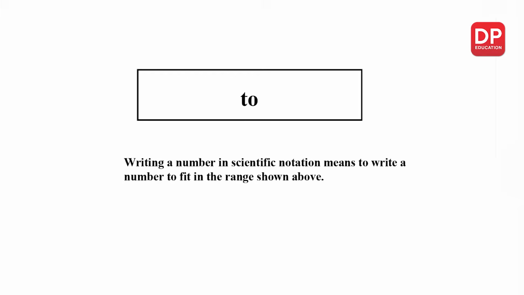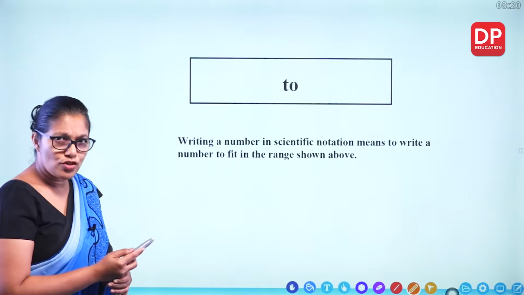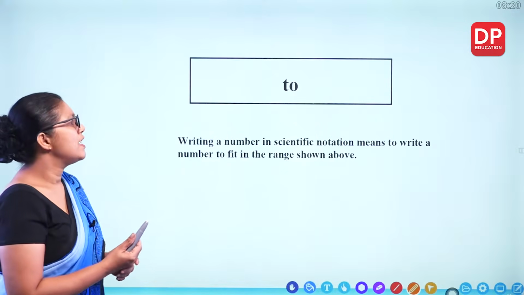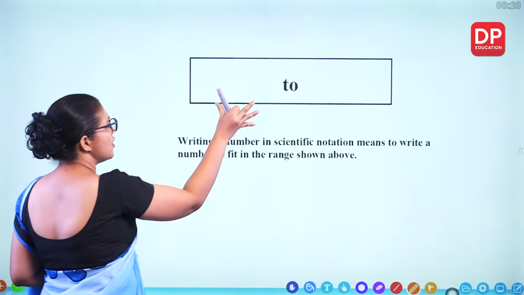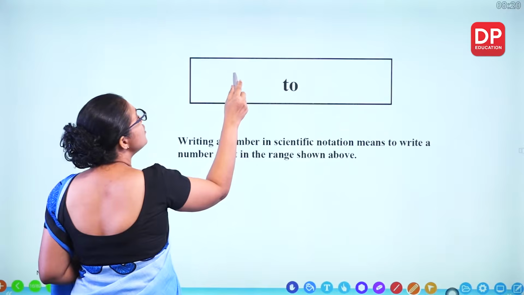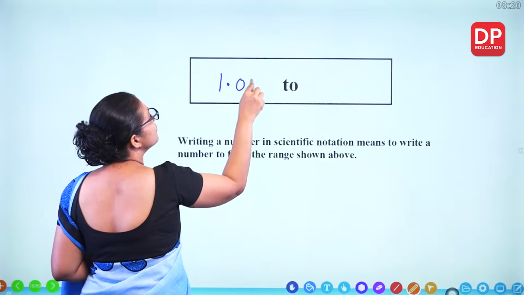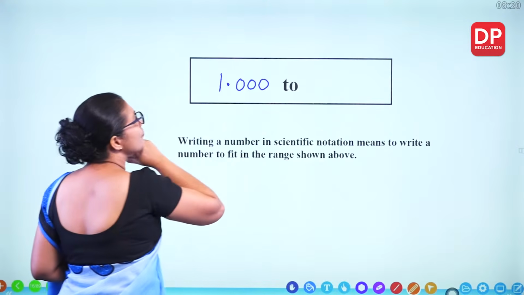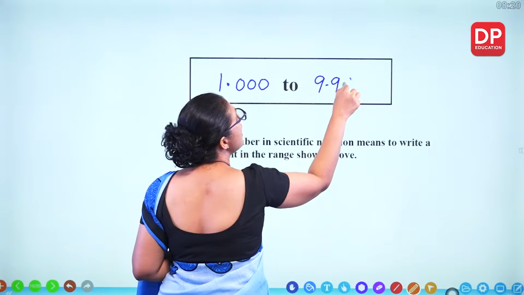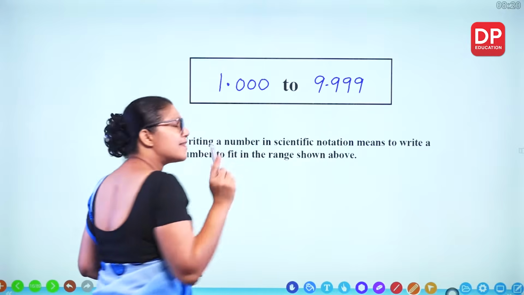Now we'll look at what our scientific notation means. What we are trying to do is put any number inside a range. The range is the value 1 to 9.999, so normally that's less than 10.